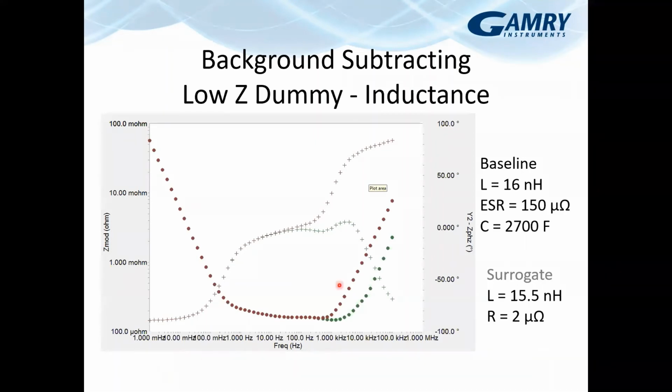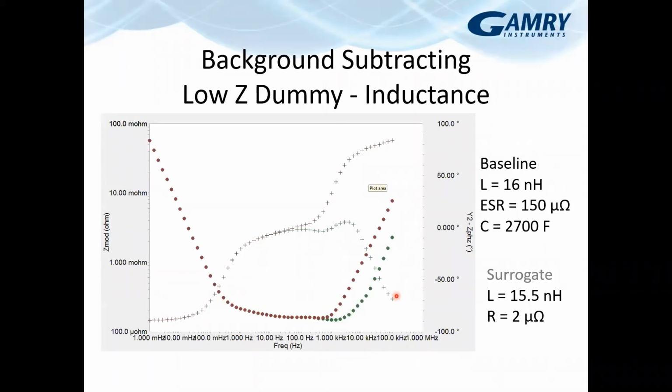But what you can see here is one of the pitfalls of doing that. If you take 16 nanohenries here that you see in the original, and then you subtract out roughly 15.5 nanohenries, this still looks inductive, but if you take a look at the phase, this is going the wrong direction.